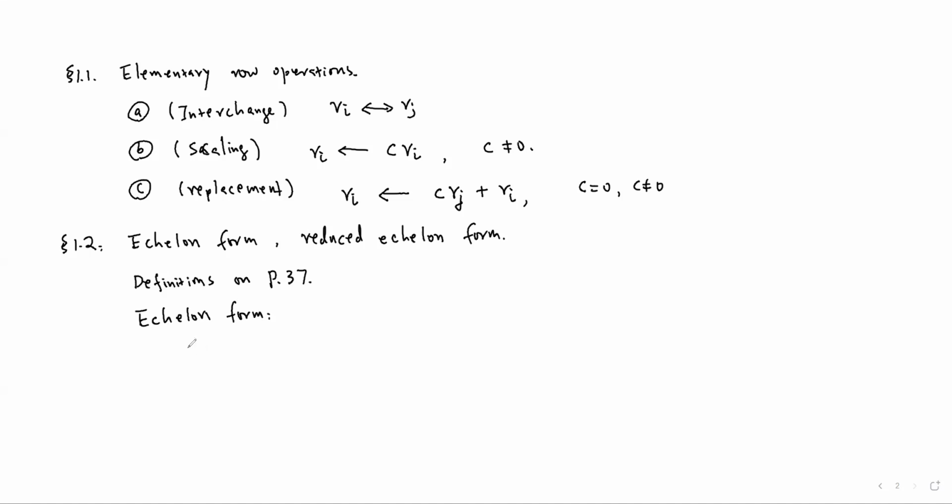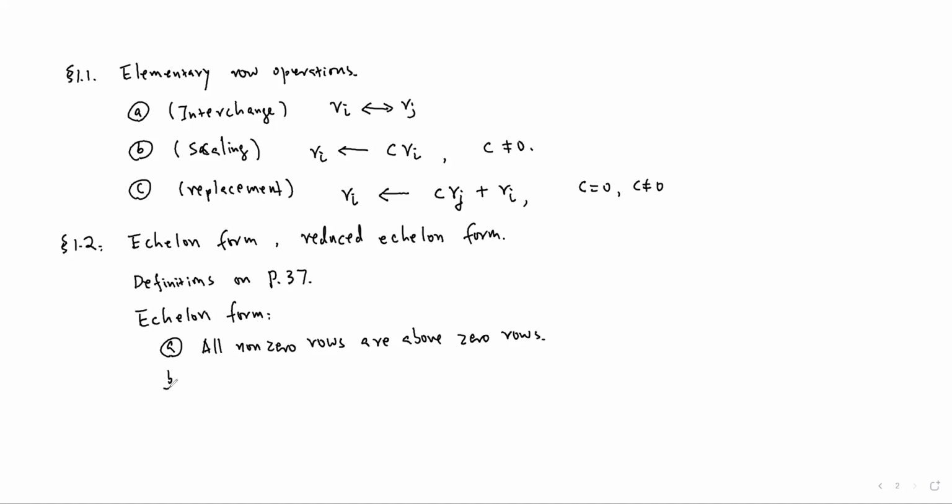If a matrix has the following 3 properties, the matrix is called in echelon form. Property number 1: all nonzero rows are above zero rows.